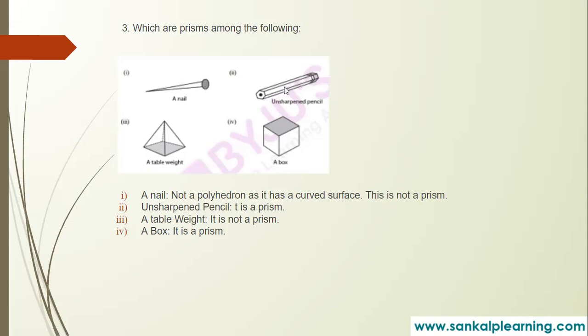And you can see the flat surfaces around that, right? So it is a prism. Third one, table weight. It is not a prism, right? See, all the faces are meeting at the point or converging at the point. So it is a pyramid, not a prism. And here top and bottom both are same, so it is a prism.